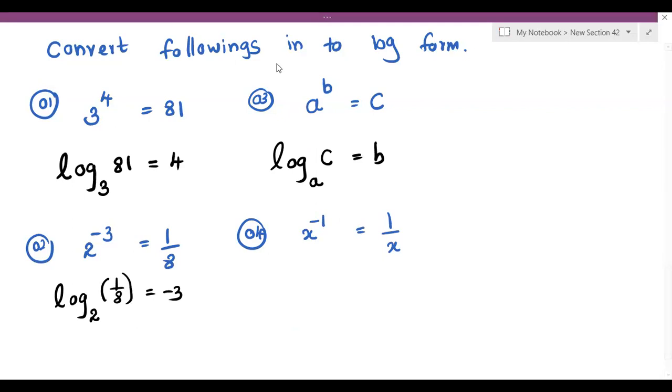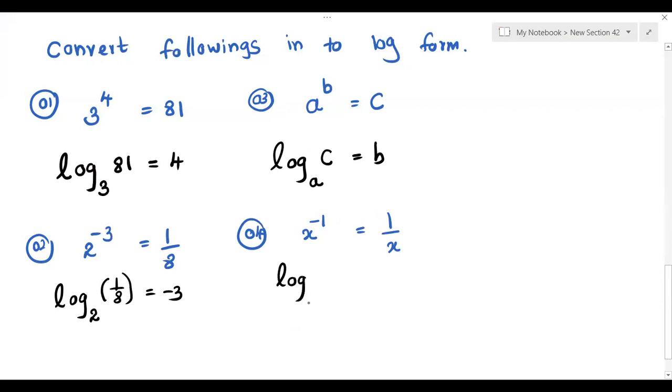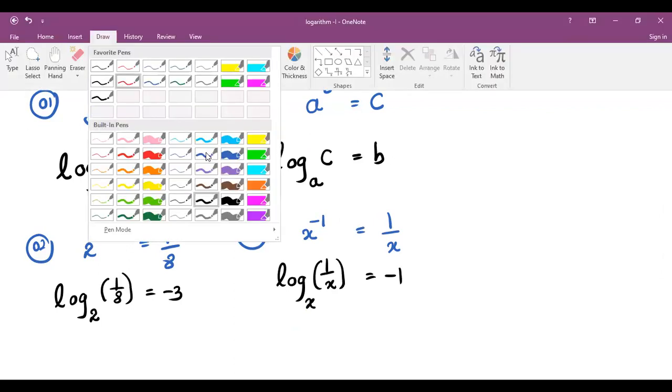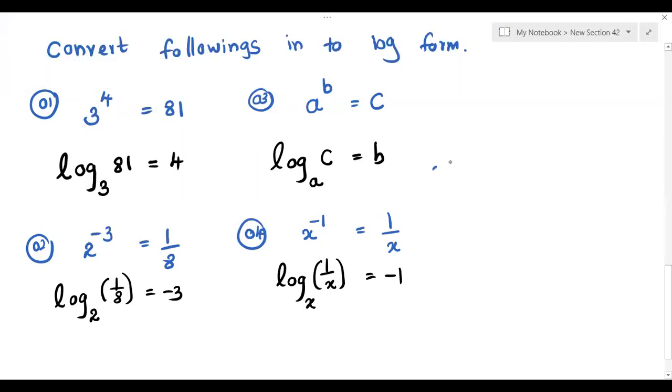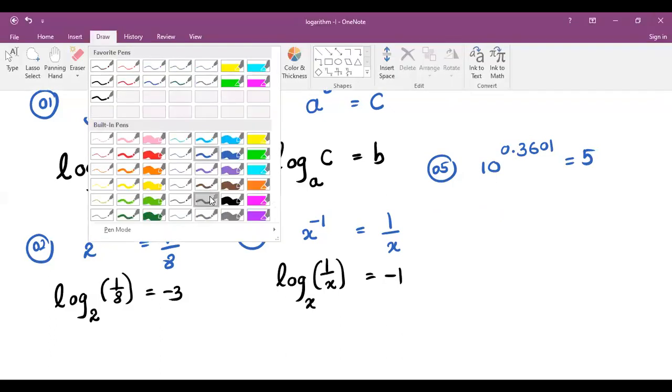Here look at what the answer is. Then here the index is a decimal number, no?